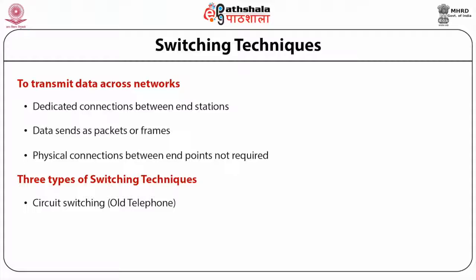After circuit switching, we will discuss packet switching, where using a continuous circuit is not possible, and the data is fragmented into various packets and sent across the network. And finally, if it is possible to combine these two to get high reliability and speed, one technique is cell switching. These are the three switching techniques used in a network: circuit switching, packet switching, and cell switching.